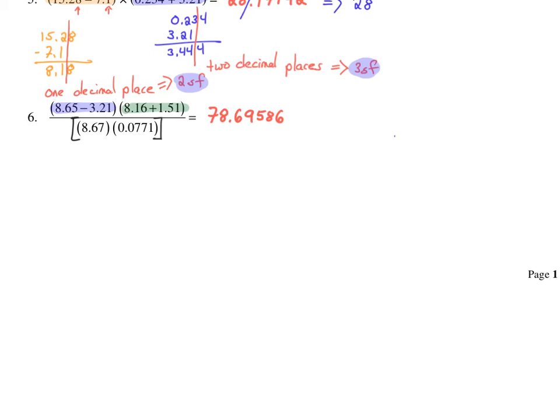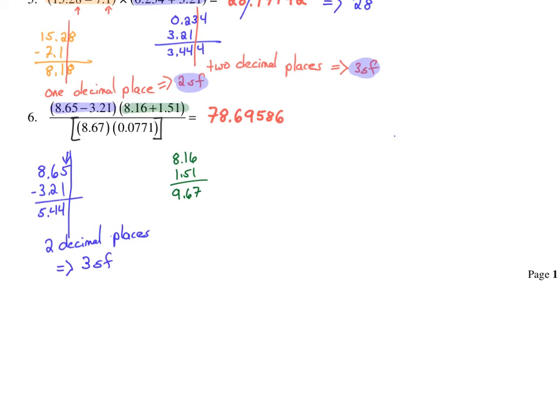As far as sig figs, we need to consider essentially 3 different problems. We need to know the sig figs from this result, the sig figs from this result, and the sig figs from this result. Here we see we have 2 decimal places for each of these numbers, so our result can have 2 decimal places, which corresponds, for this number, to 3 sig figs.